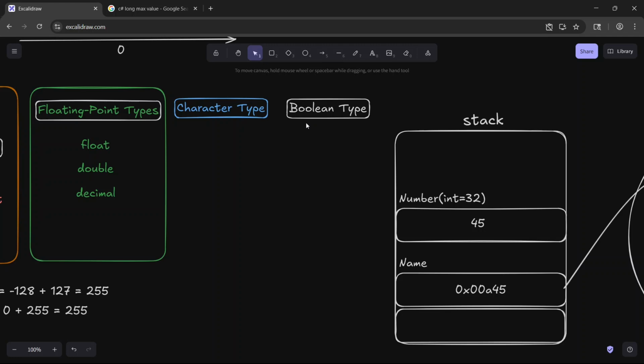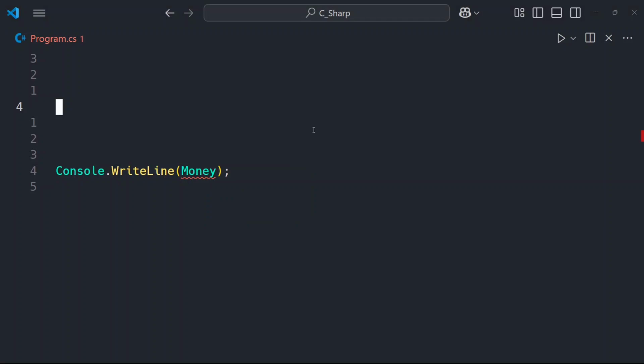It's one of the simplest and yet very important types in not just C#, of course, but programming as a whole. We'll talk more about that when I cover control flows and conditionals. Bools are either true or false, nothing else.